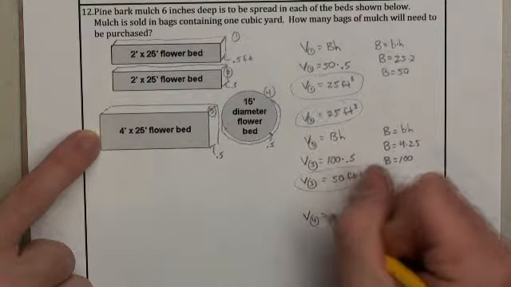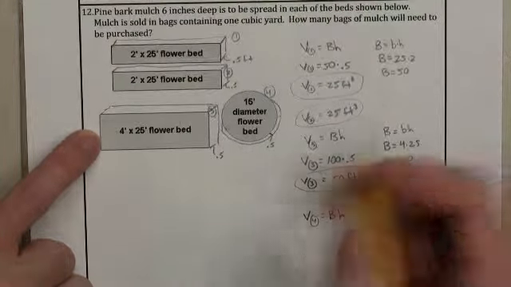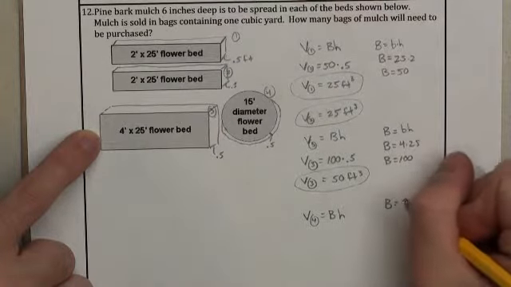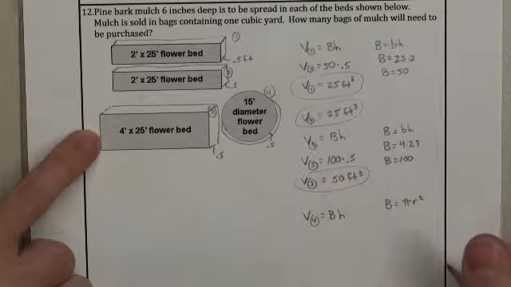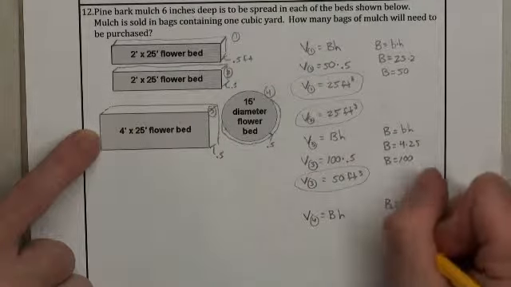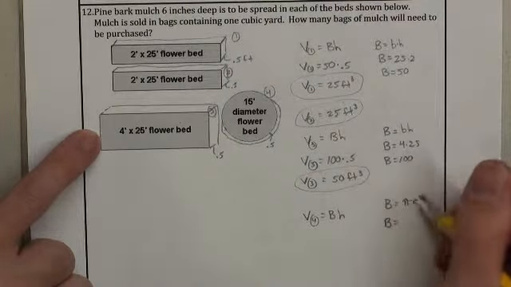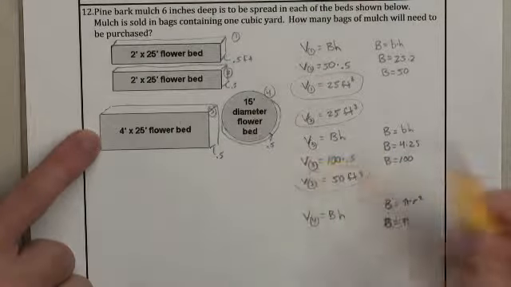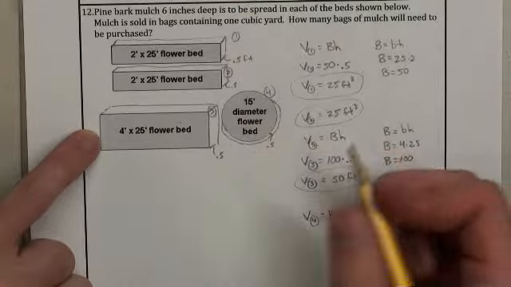So volume of 4 is base area times height. Now this is a circle, okay? That's pi r squared. The area of a circle is pi r squared. So this would be pi. Now the diameter is 15. So the radius is 7.5.